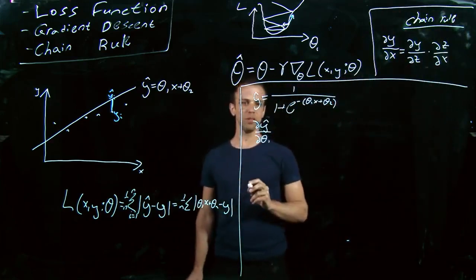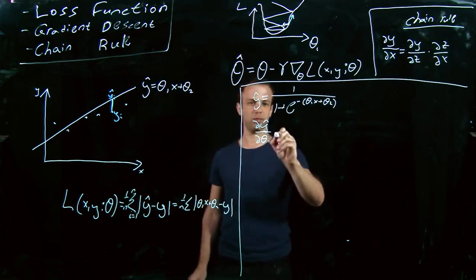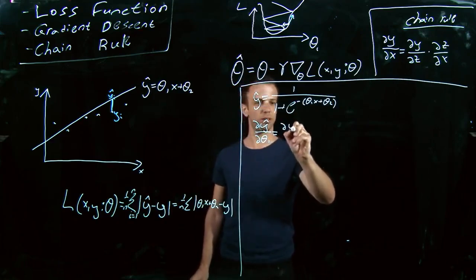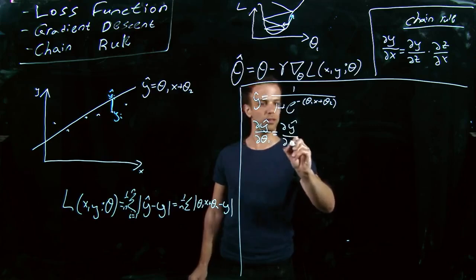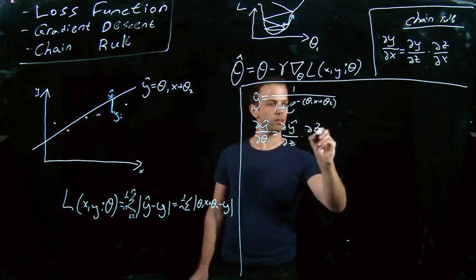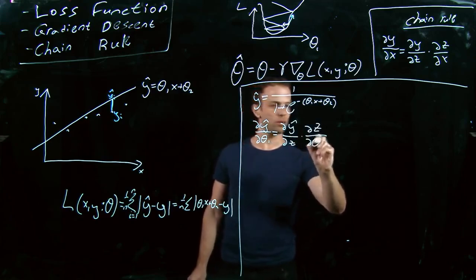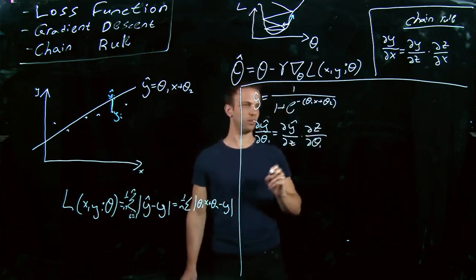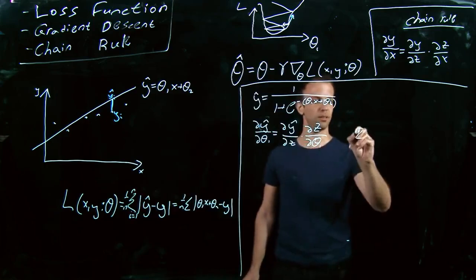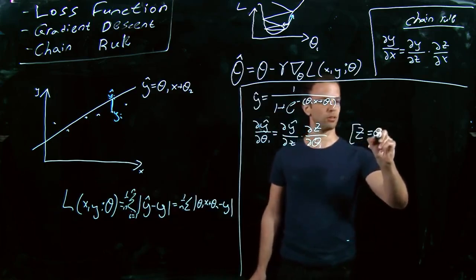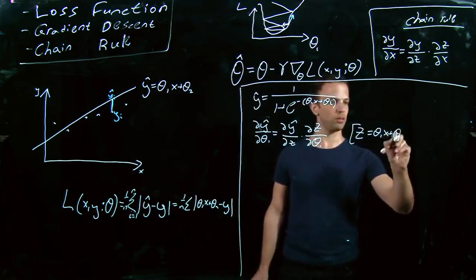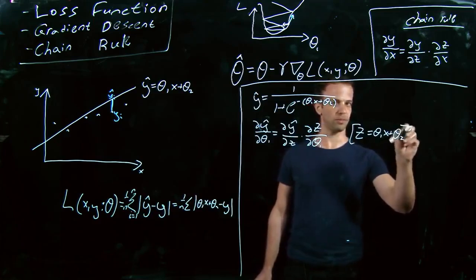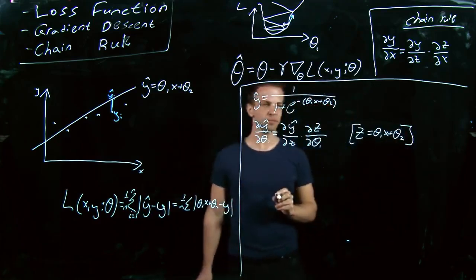So if I want to derive this function now, I can write something like this. And what is this z? I will define z just to be this part of the equation.